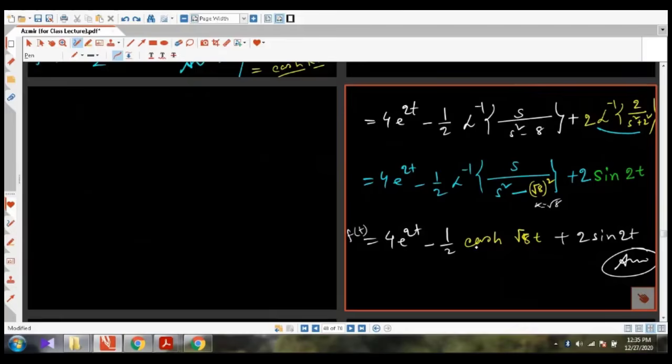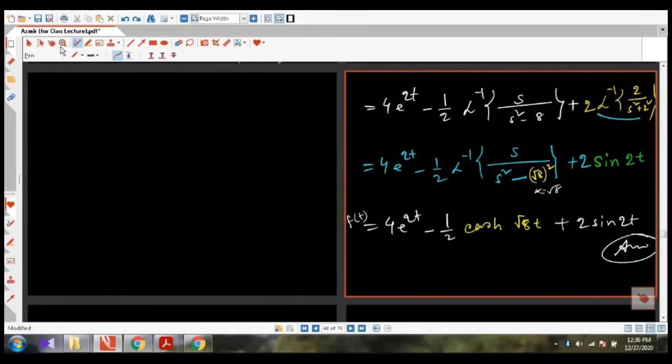So have you understood? Yes, sir. So you know that the inverse Laplace transformation has two properties, linearity properties and the shifting properties. So up to now we have solved the linearity property problems with the help of the formulas.